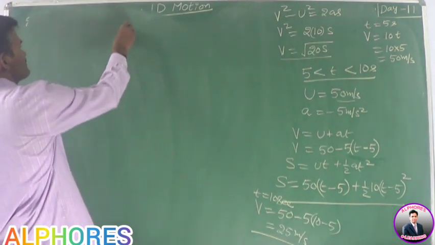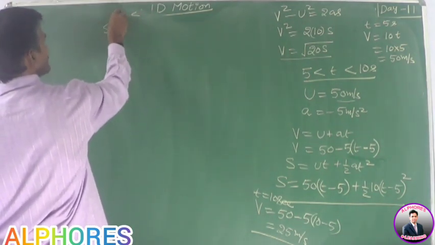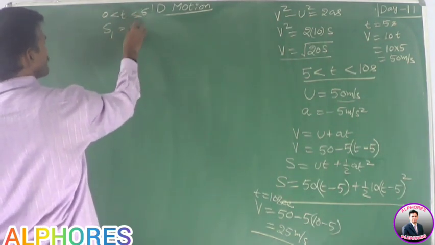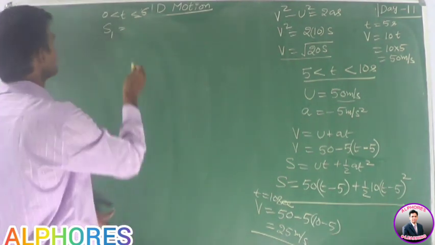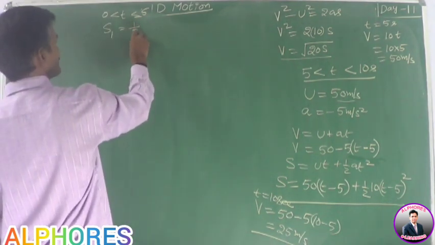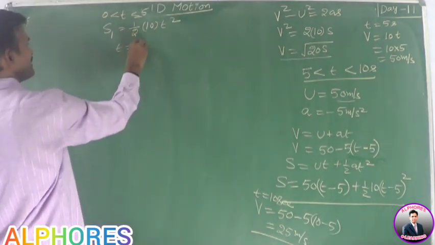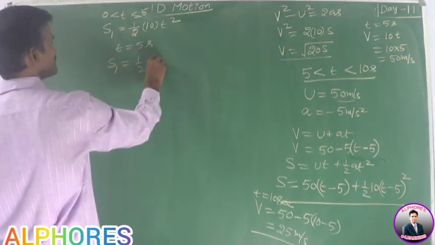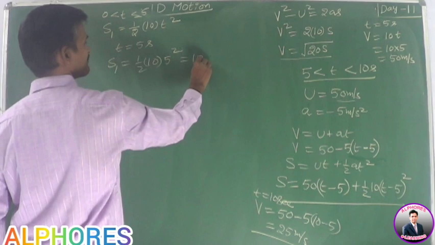From 0 to 5 seconds, the displacement S1 is, we already wrote, u is 0, so half a into t square with a equal to 10. At t equal to 5 seconds, displacement S1 is half into 10 into 5 square, that is 125 meters.